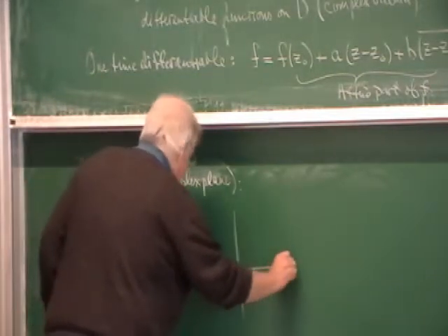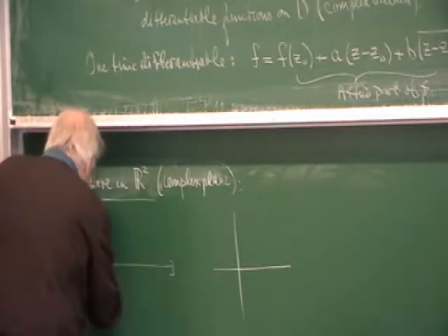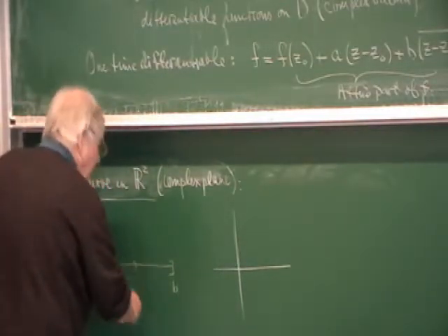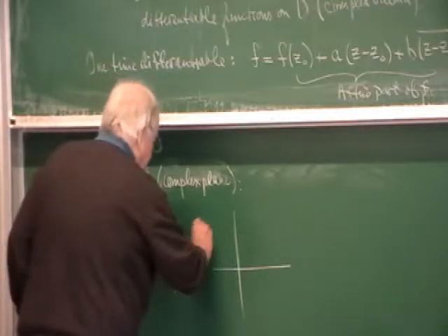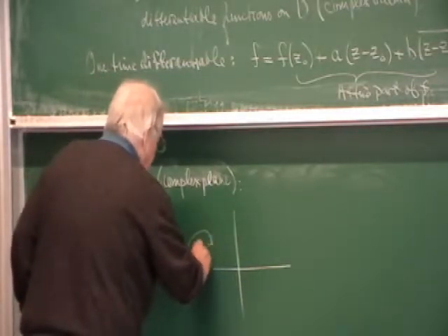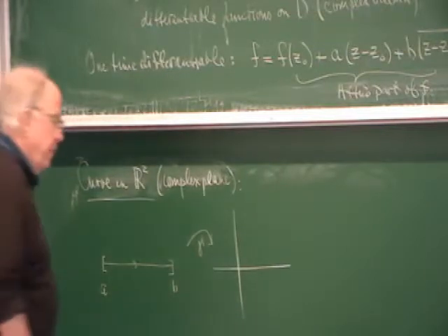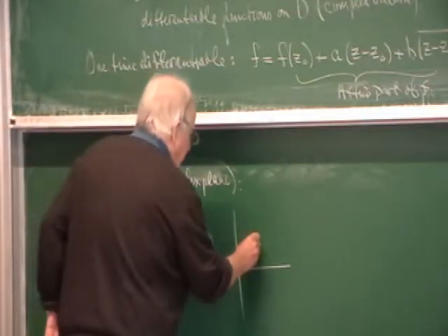Here's the plane. Now here's an interval. The interval has orientation, and a curve is a smooth, sufficiently smooth, at least one time continuously differentiable. Maybe we need more. So a smooth mapping into the plane.